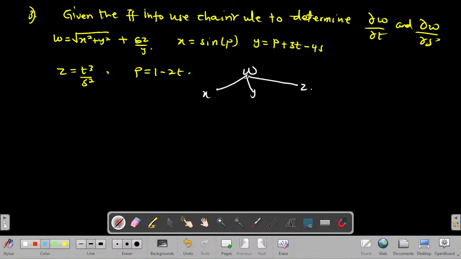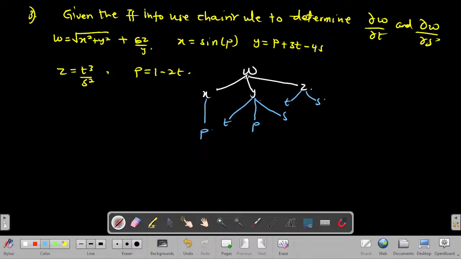X contains only p. Then y contains three things: y contains p, it contains t, and y contains s. And what does z contain? Z contains t and s.